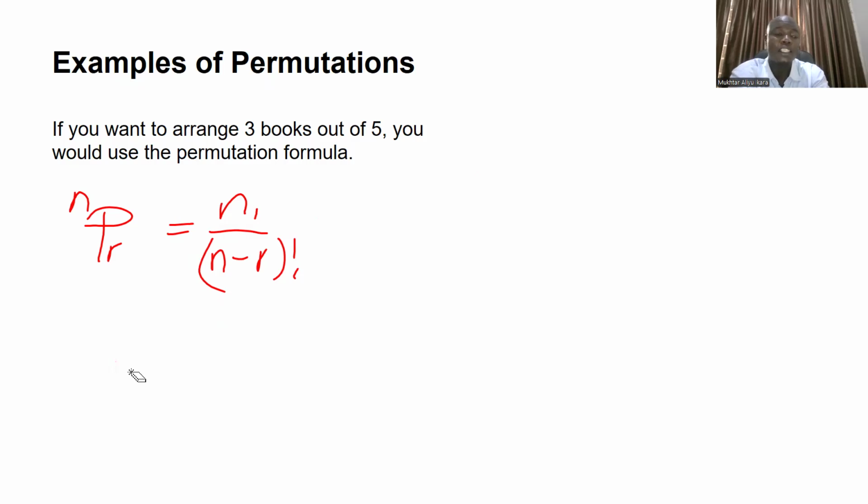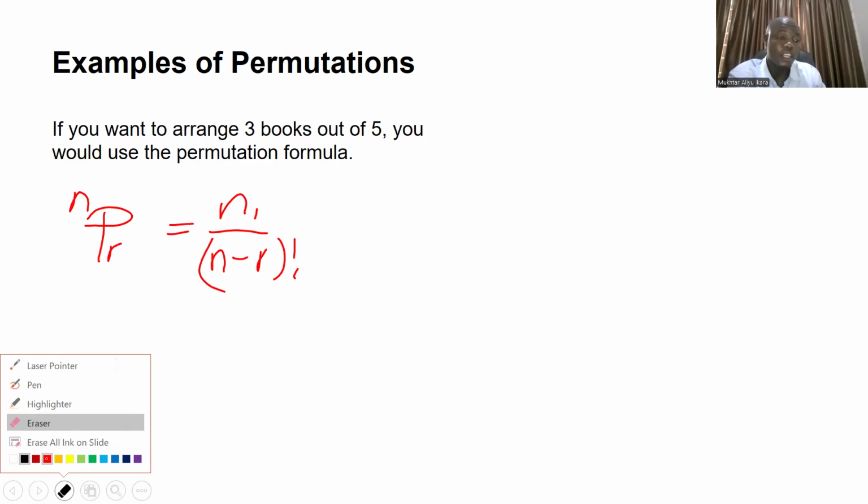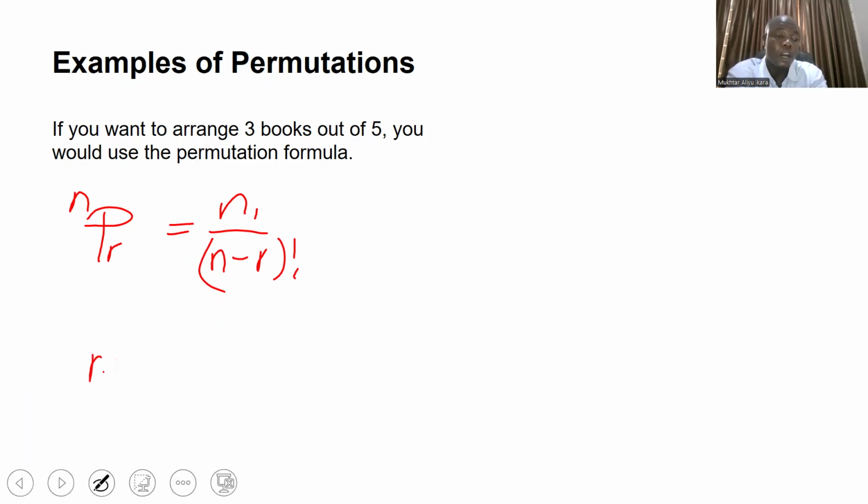The formula is n power r. This is the formula for calculating the possible arrangements of a particular subset from a set of objects with repetition.